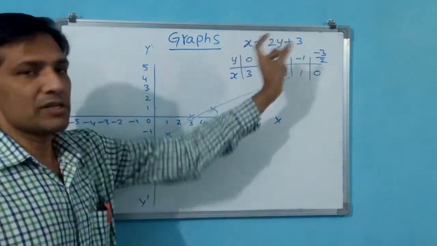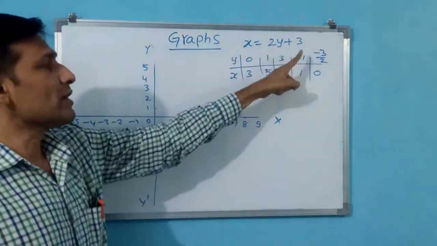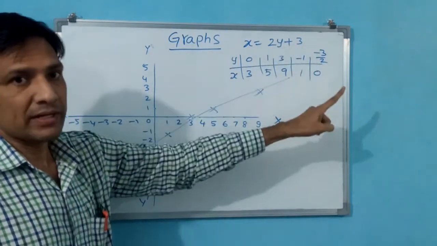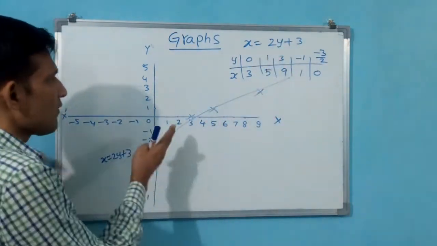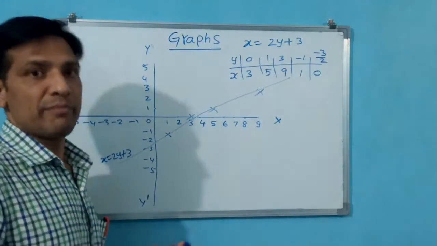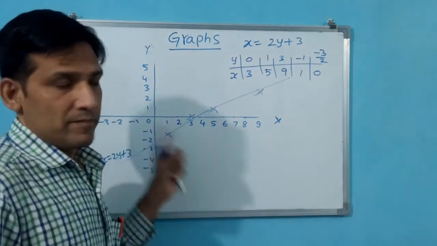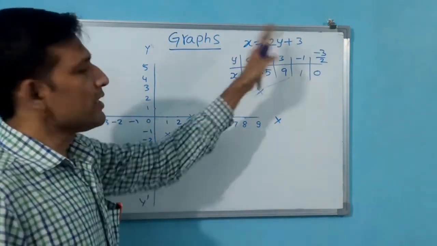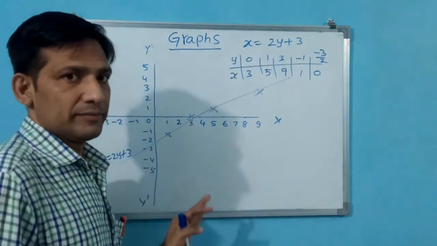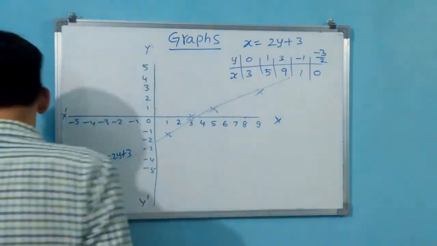If any separate constant has come, let it be addition or subtraction, 2y plus 3 or 3y minus 1 like that, automatically the graph is not going to touch the origin. That point you have to remember. This is a two variable graph. X, y both are varying, with a constant.